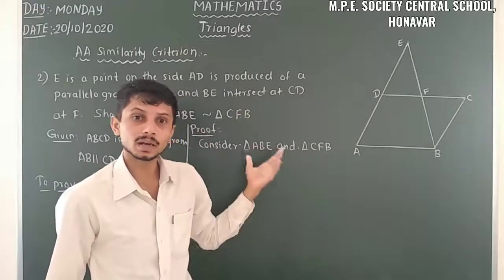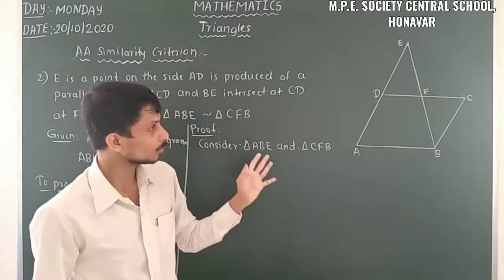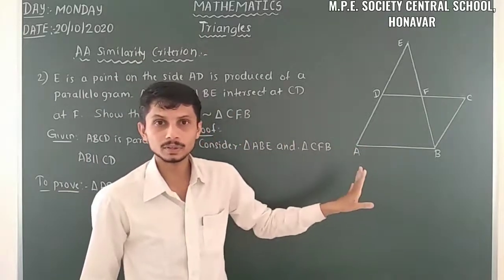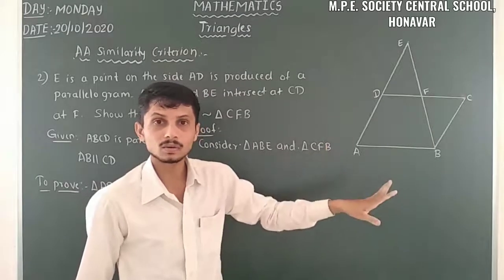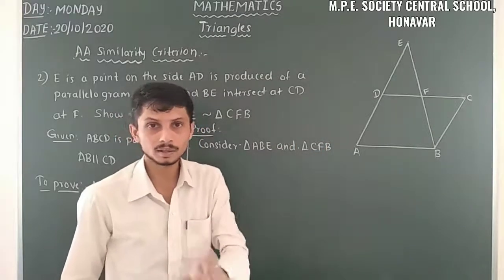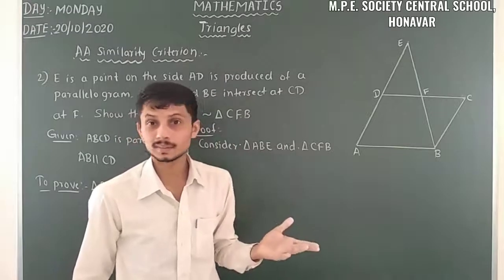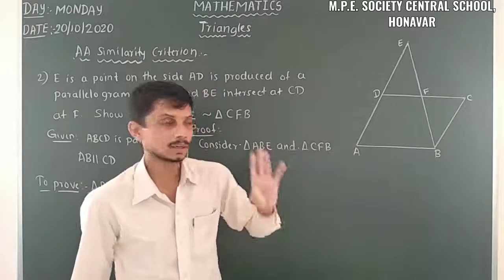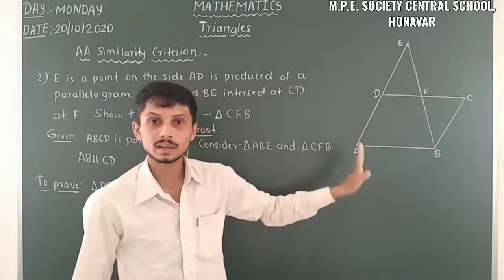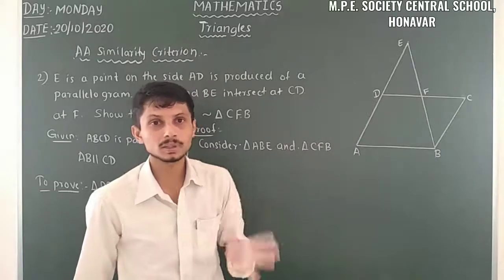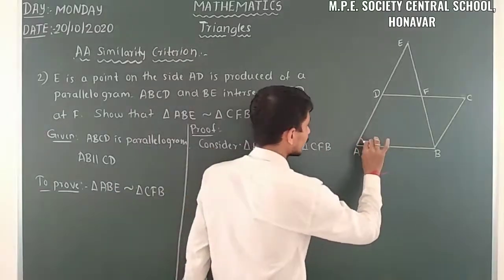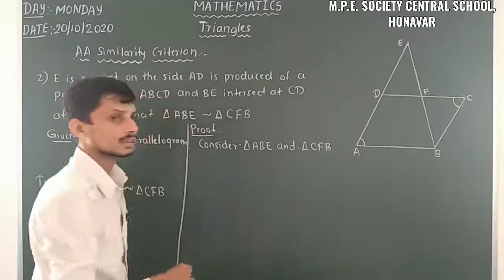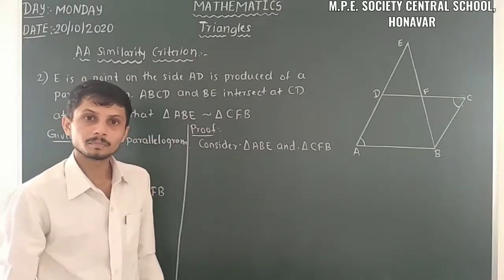What are the equalities we have to find out? In a parallelogram, opposite angles are equal, and adjacent angles are supplementary. We know that from the 8th standard, and also in the 9th standard quadrilateral chapter, where we proved those properties. So angle A is equal to angle C, the opposite angles of a parallelogram.